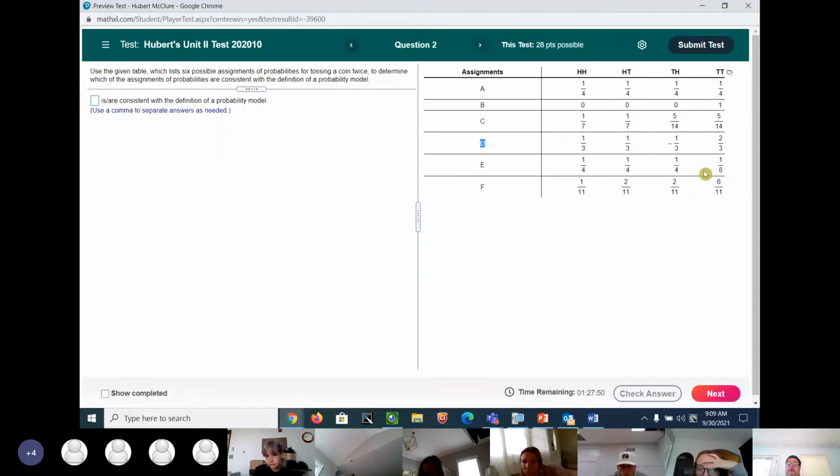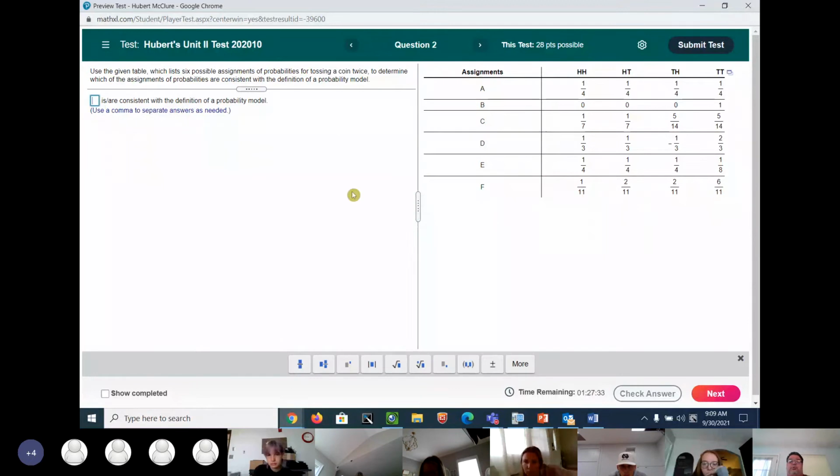That's 6 8ths. This one is not. E is not. D and E are not. Let's look at this one. 6, 10, 11. I think D and E are the only ones that are not. So the rest of them are, and that's what they want. A, B, C, and F.